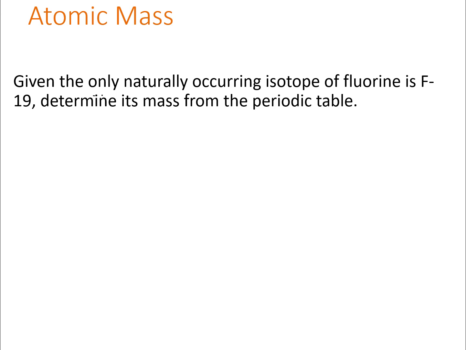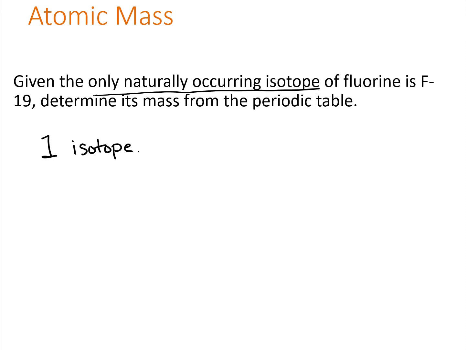If it says that it's the only naturally occurring isotope, that means that there is only one isotope. We said that the atomic mass that's on the periodic table is the average atomic mass of all the isotopes.